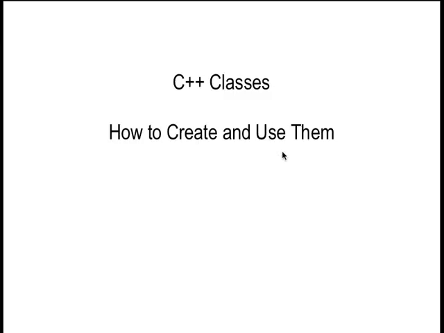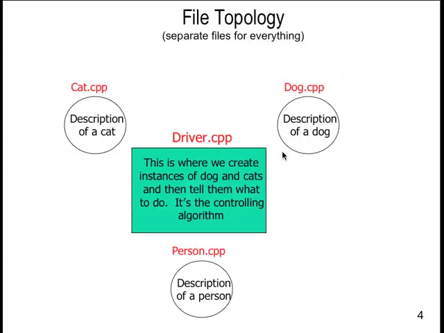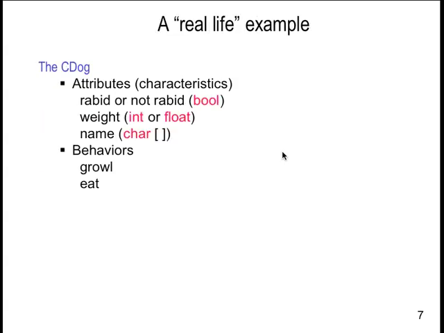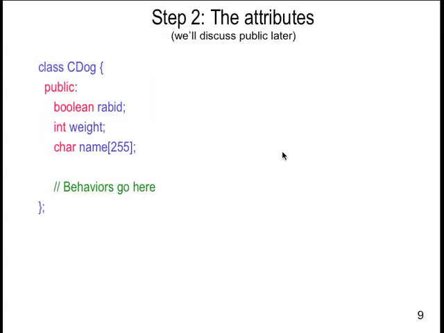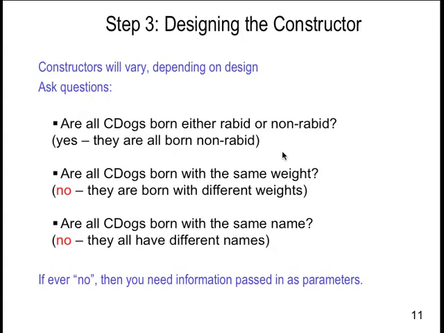We started a couple weeks ago, before I started talking about arrays, and we started talking about classes, and we learned the topology, the .cpp and the .h. We learned about the driver program. We learned about the class rules in terms of public and private, and we learned about the skeleton, how to create the attributes. We learned about the constructor as well.